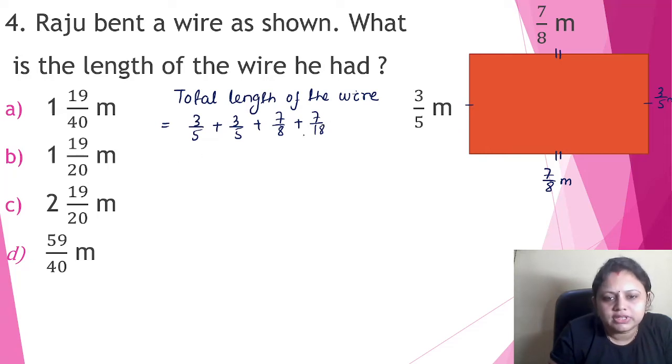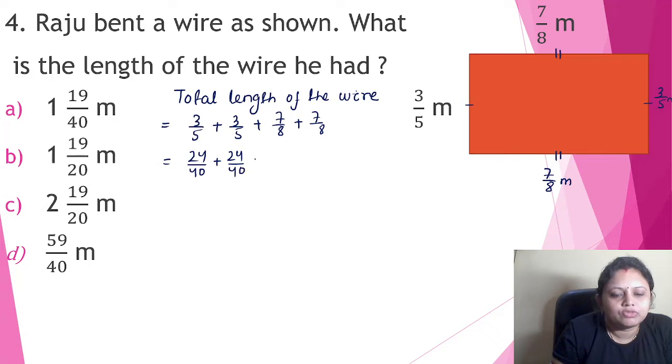Sorry, this one is 8. Okay, so if you take the LCM, that is 40. So 5 8s are 40, so it will be 24 by 40, then again 24 by 40, then 35 by 40, again 35 by 40.